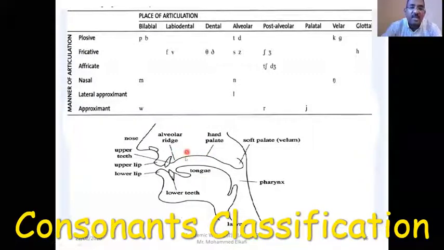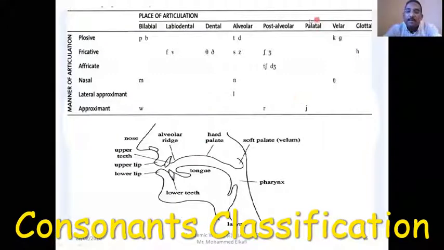We call it post-alveolar, or palato-alveolar. So sometimes we write it as post-alveolar, and some other times as palato-alveolar, because it is in the area between the palate and the alveolar ridge.